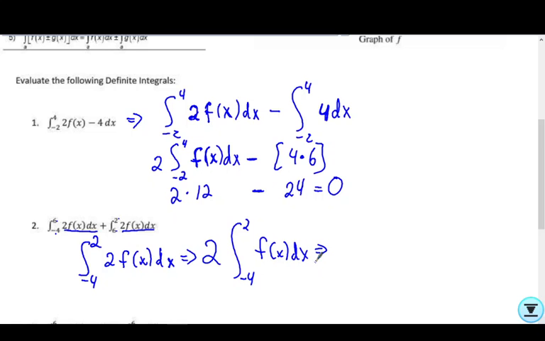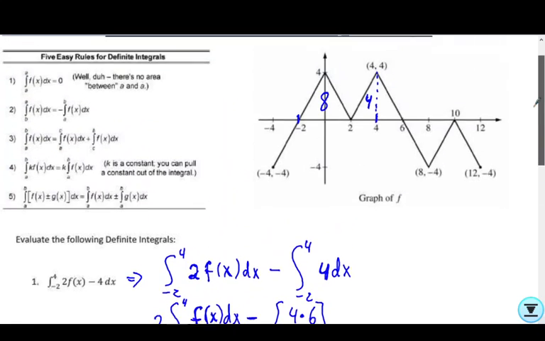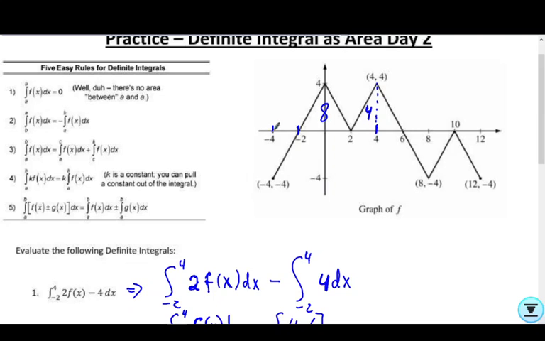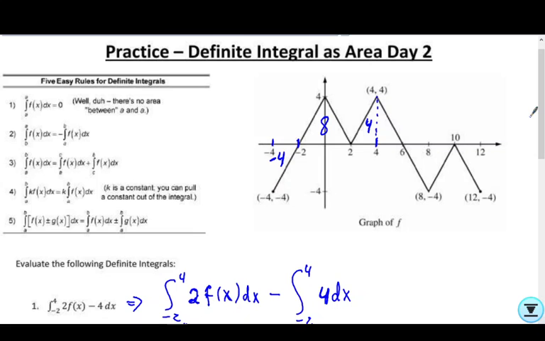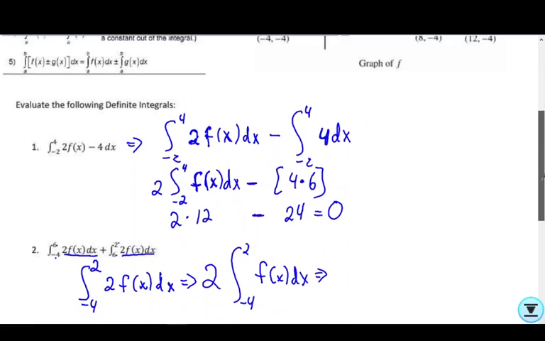Now I need to find out the area from negative 4 to 2. So starting at negative 4, this area is 4, and since it's underneath the x-axis it's negative 4, and all the way to 2, right here, that's negative 4 plus 8, which is 4.